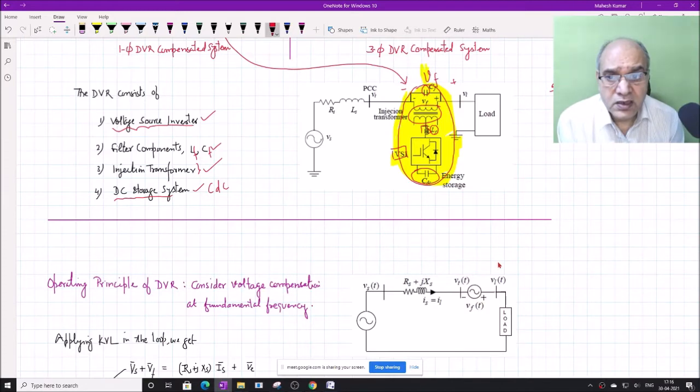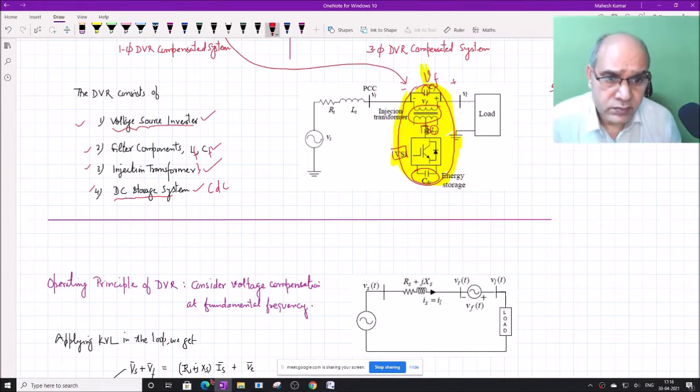So each component which is shown here has to be thoroughly analyzed and then designed in order to apply for the DVR. And there is a lot of work on this. There are thousands of papers on how to design the filter for DVR, how to design the voltage source inverter, how to design the transformer and DC storage system. Those who are engaged in research can go through important papers in this area.